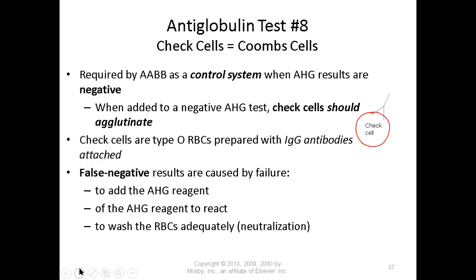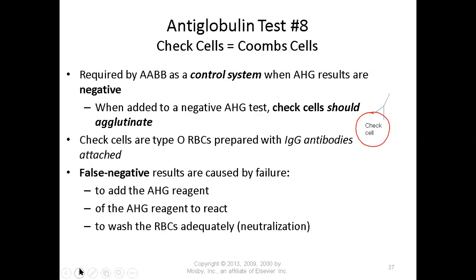Check cells or Coombs cells are required by the American Association of Blood Banking as a control system whenever AHG results show a negative reaction. Meaning that whether it's a DAT or an IAT, we're not getting agglutination, so these reactions are negative. It's telling us that sensitization has not occurred in our test system. So we're only going to use these check cells on negative reactions.